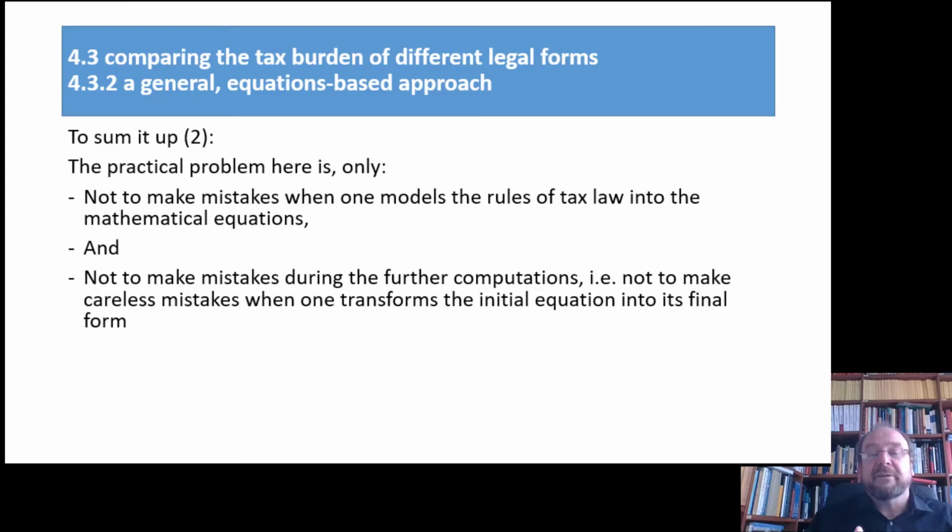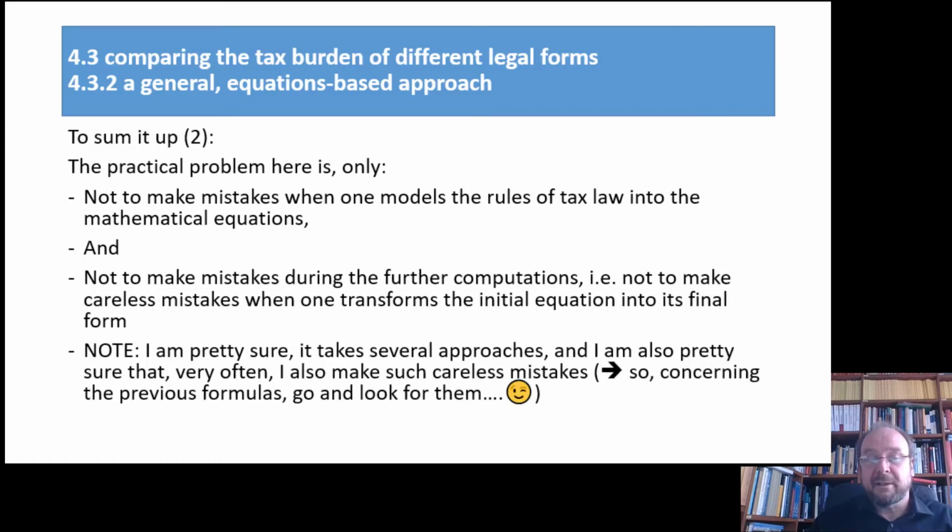By the way, the equations which I just showed you now, that was the first time that I practiced that for a long time. So I don't give any guarantee that I did not overlook something. I'm pretty sure it takes usually several approaches until you end up with the correct system of equations.